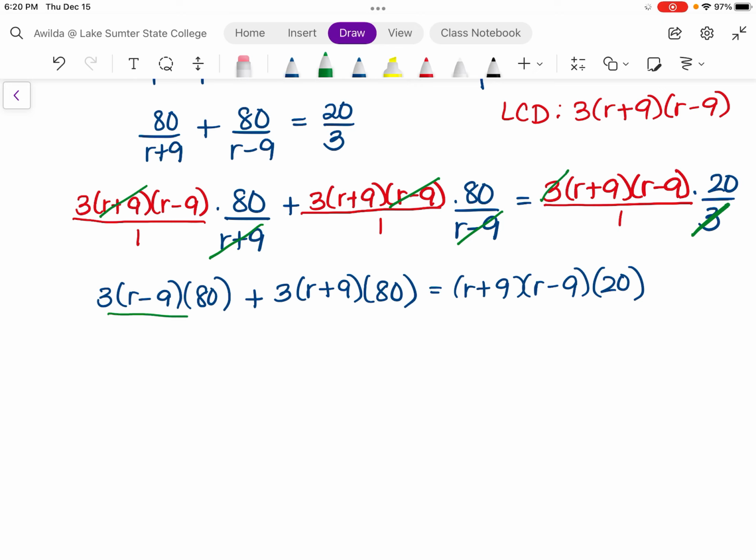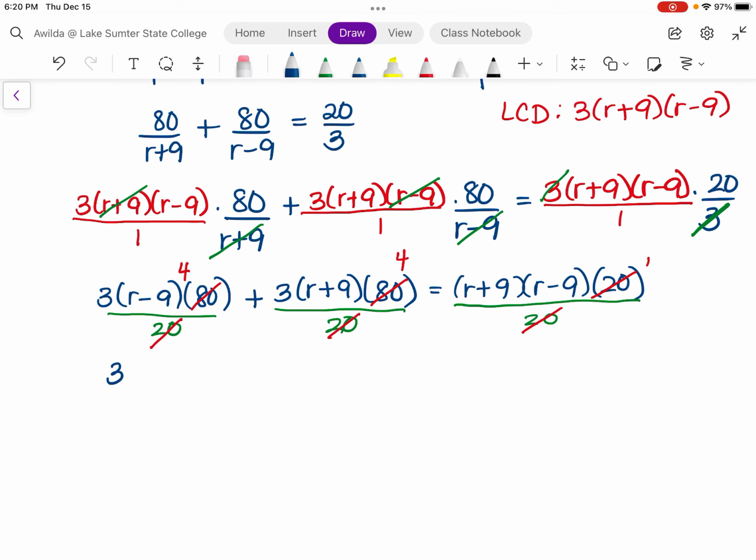If we divide all 3 terms by 20, we'll end up with some smaller numbers, and we'll still have an equation that is perfectly balanced. So we see here that 20 goes into 80 4 times, 20 goes into 80 4 times, and 20 goes into 20 1 time. So let's see what we're left with.